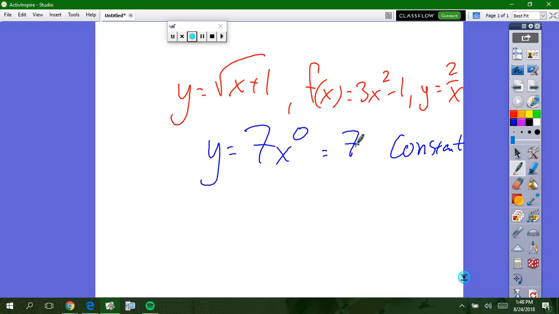Well, once again, we're talking about our variable. So on this one, right here, notice this guy is 2x.